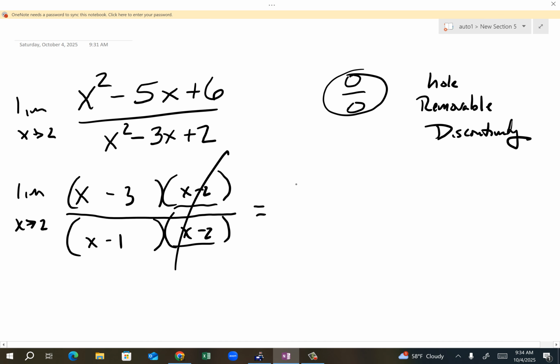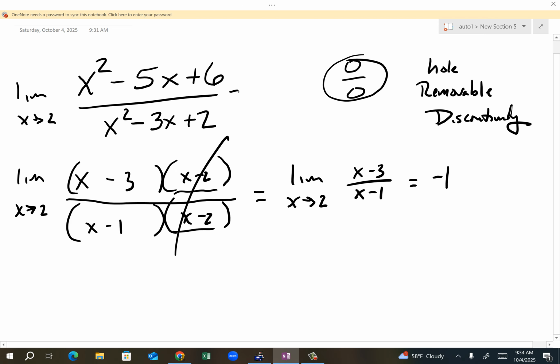And so we say that these have the same limit. We do not say they are equal. They are not equal. In fact, they are equal everywhere except at x equals 2. If you plug 2 into this, you get negative 1 over 1, which is negative 1.